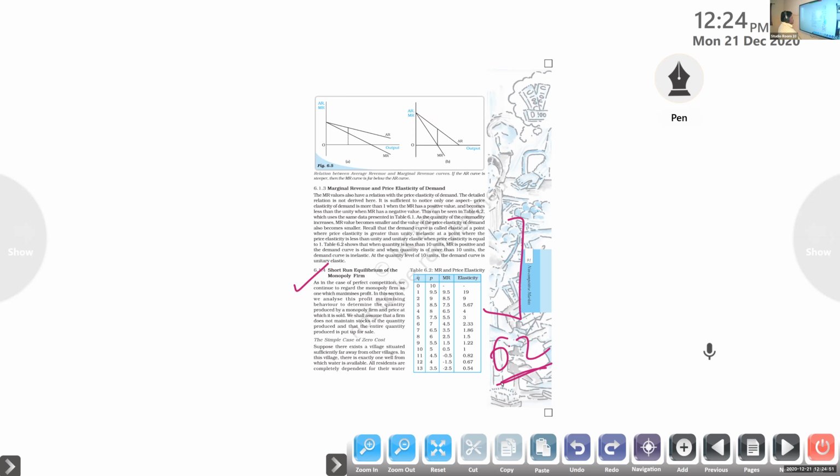In this section, we analyze this profit-maximizing behavior to determine the quantity produced by a monopoly firm and the price at which it is sold. So we are discussing the quantity produced by the monopoly firm and the price fixed by the monopoly firm to increase the profit.